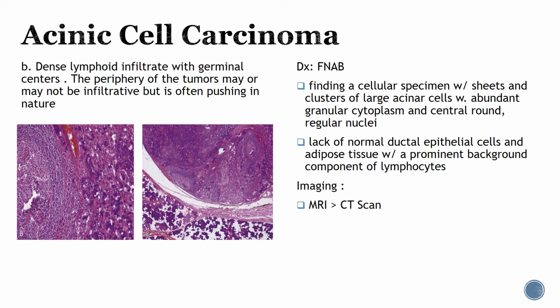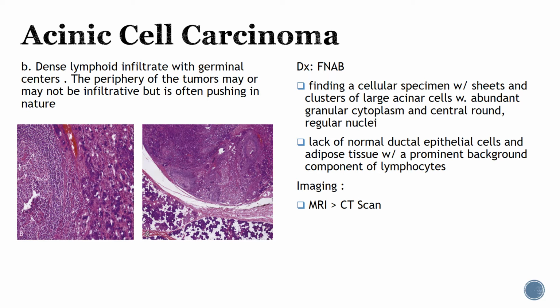The second classic feature is a dense lymphoid infiltrate with germinal centers. The periphery of the tumor may or may not be infiltrative, but is often pushing in nature. Fine needle aspiration biopsy of your acinic cell carcinoma is difficult because of its frequent resemblance to normal salivary gland.